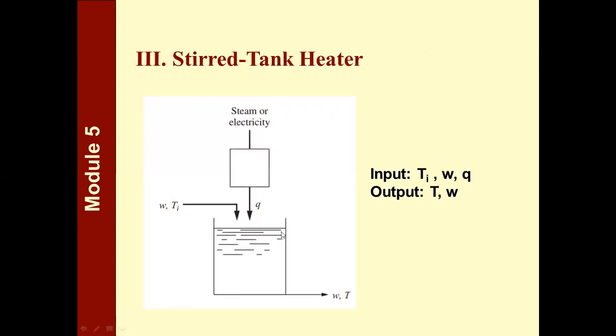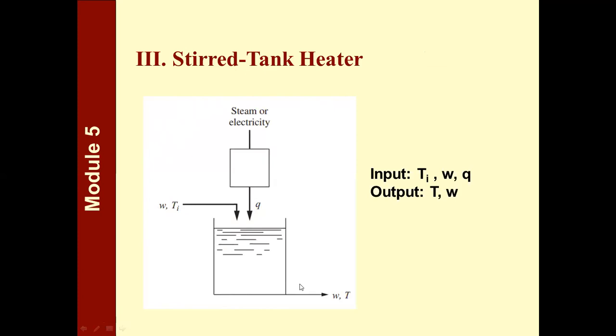Now, for the stirred tank heater, this was used originally to illustrate the process of determining the transfer function when we were discussing it as an intro to, let's say, module 1, I think. So this is our stirred tank heater.